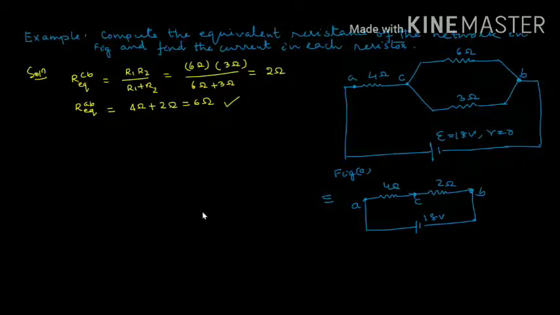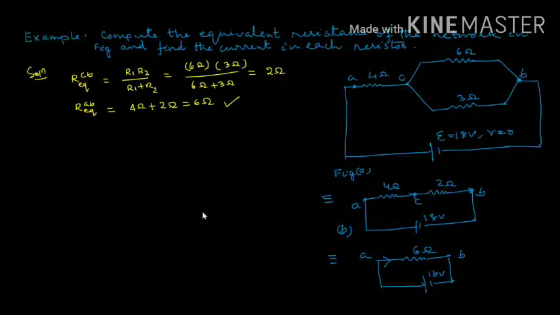Now we have to find the current in each resistor. So let us draw the equivalent circuit diagram of the second one. So now 4 plus 2 is 6, so this is 6 ohm. This is point A, and this is B. It is connected to 18 volt. Now the current through 6 ohm.